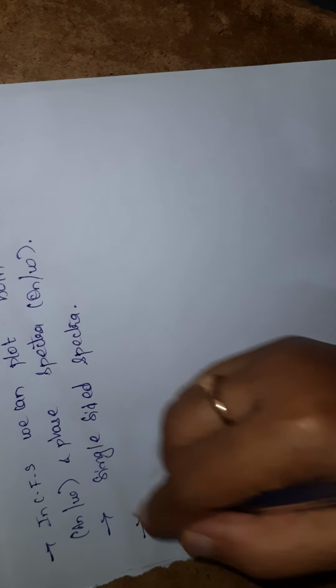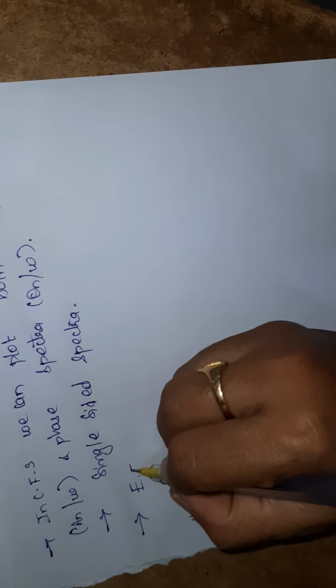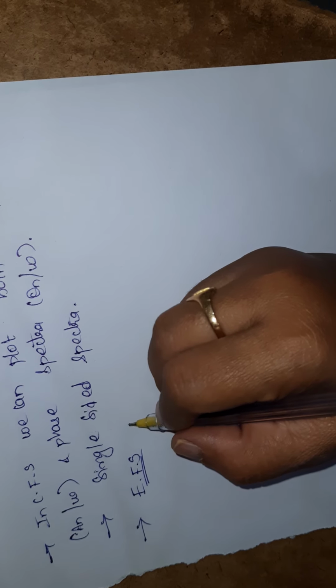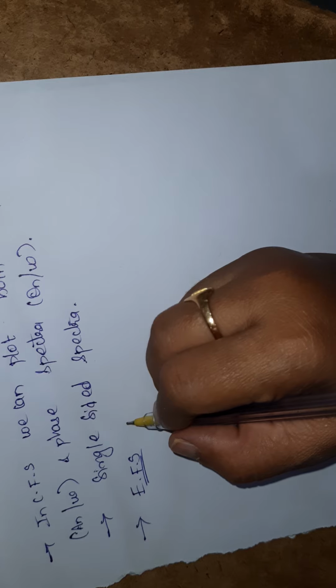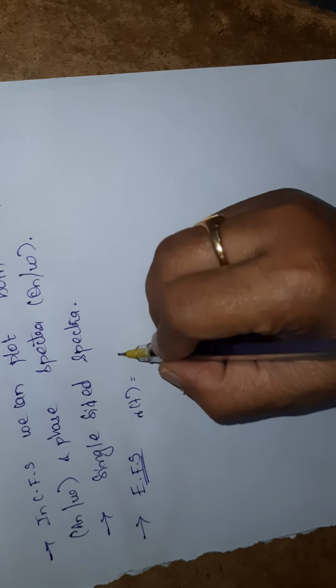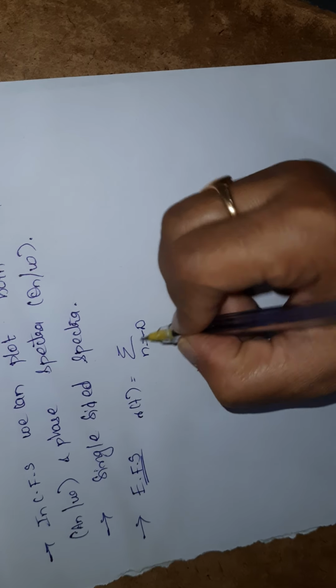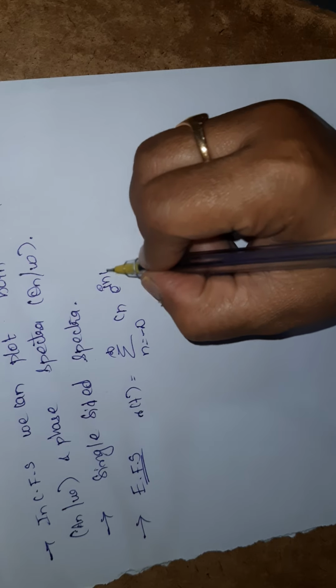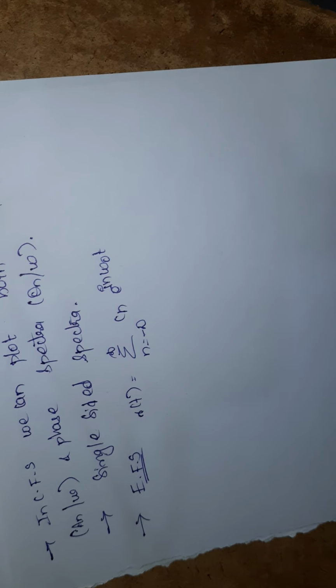Next, if we go for exponential Fourier series, what is the formula? x of t is equal to summation n is equal to minus infinity to infinity Cn e power j n omega naught t.